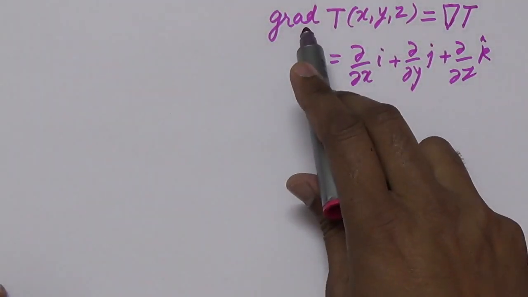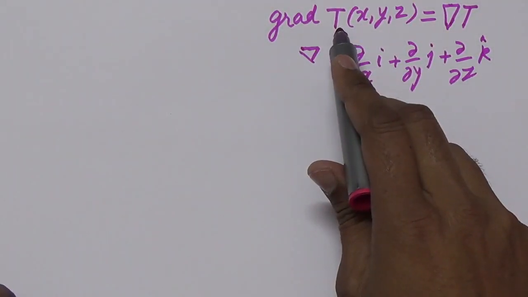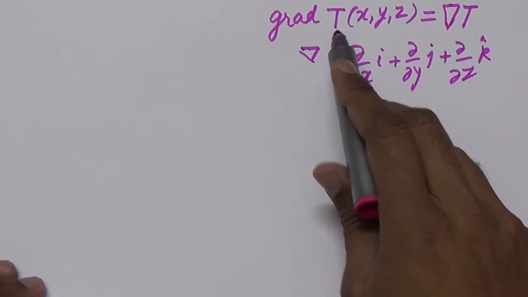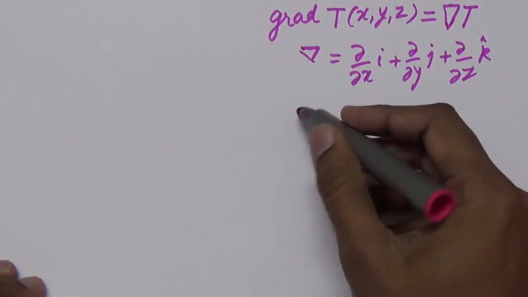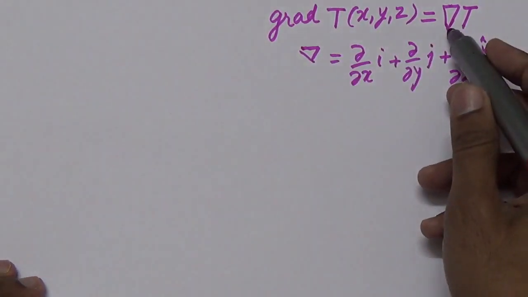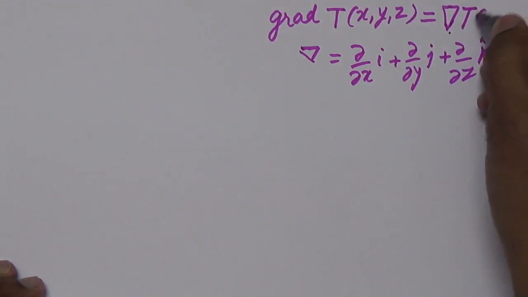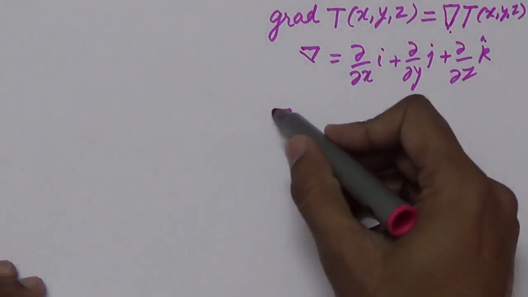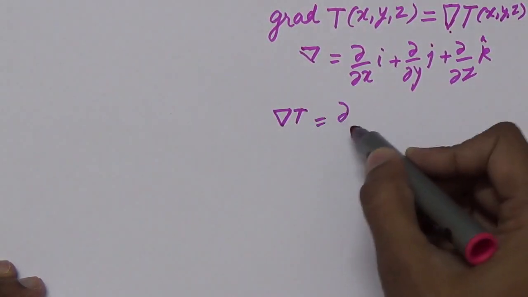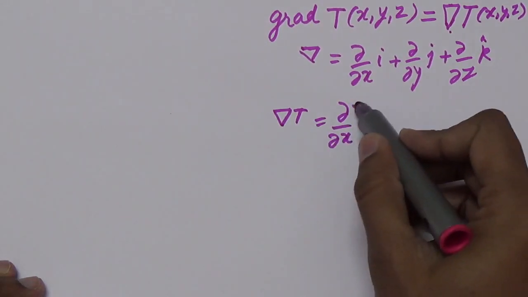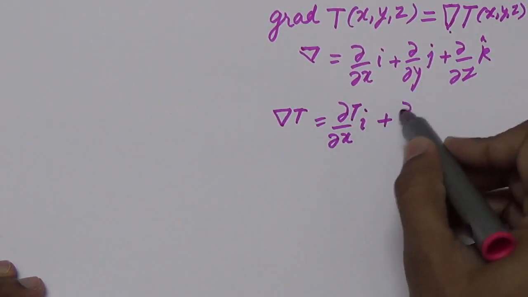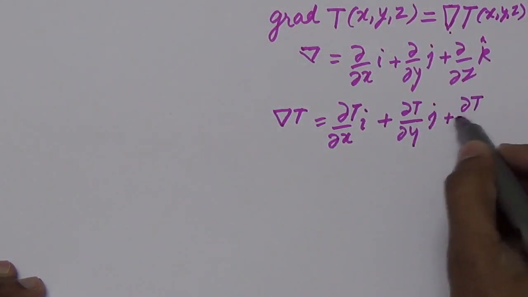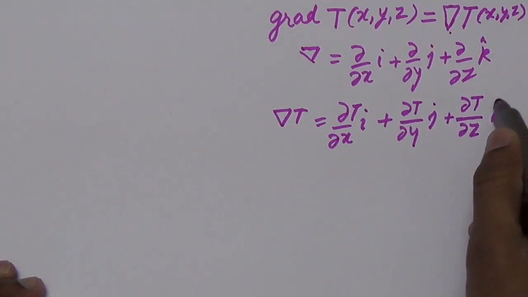When this gradient operator operates on this temperature field function, which is a scalar quantity, it basically provides a vector quantity. So when the del operator operates on T, which is again a function of x, y, z, it becomes del T equals del T upon del x i plus del T upon del y j plus del T upon del z k.